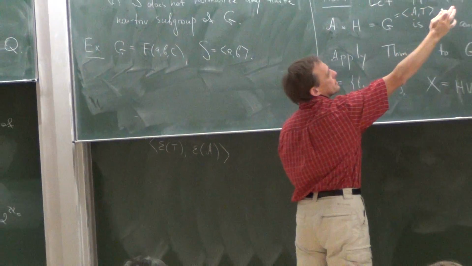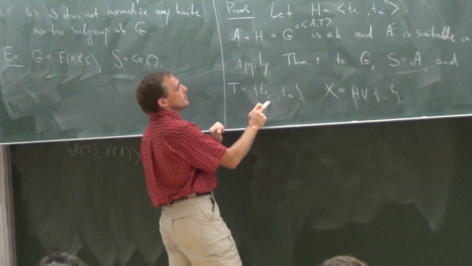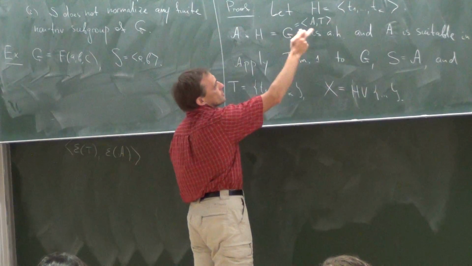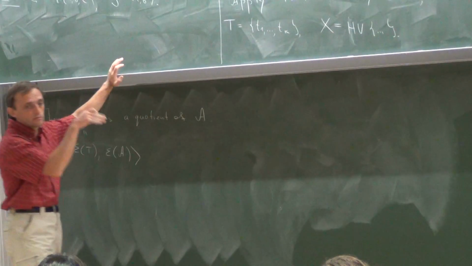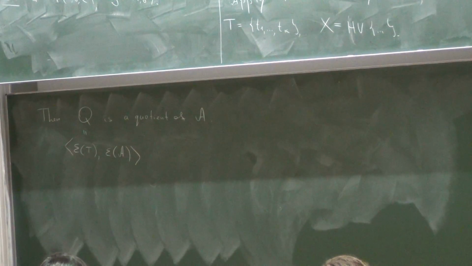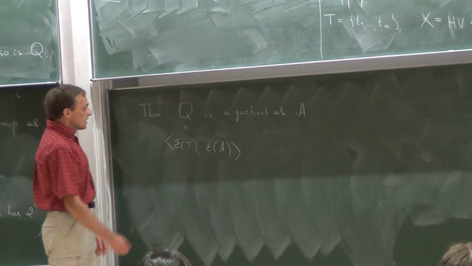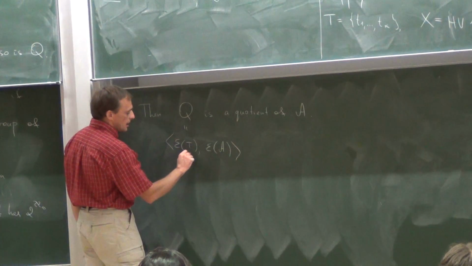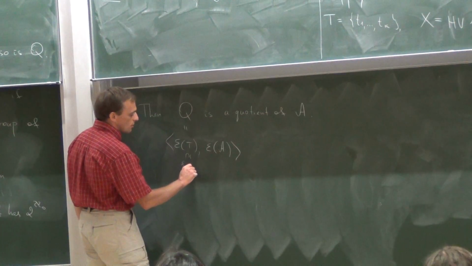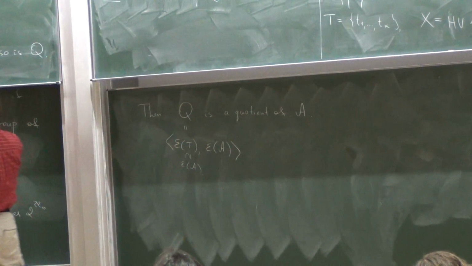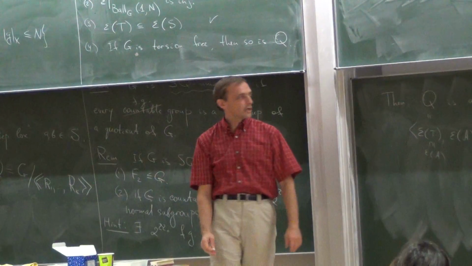T is the generating set of H, right? Here. A, well, that's obvious. So the image, the quotient of G will be generated by the images of T and A. But now we know that epsilon of T belongs to epsilon of A by this condition number 3. Okay.